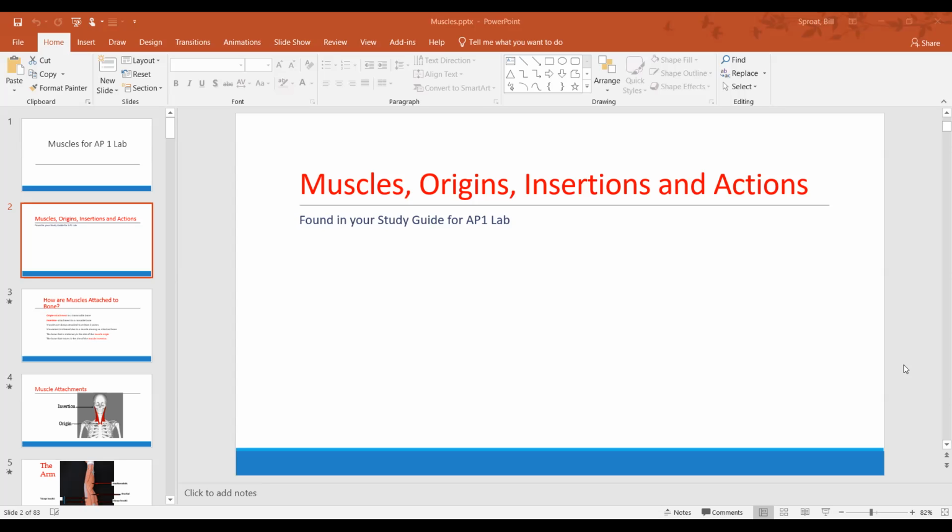If you want another list of the muscles, go into the table of contents for this class, listed under content. I think the third listing down is the study guide.